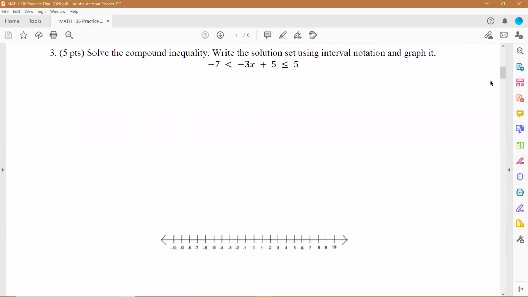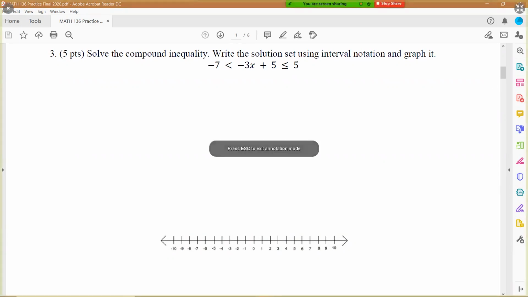So since it's a quadratic, it didn't pass that horizontal line test, so it can't be 1-to-1. It told us it was a function, so it passed the vertical line test, but it won't pass that horizontal.